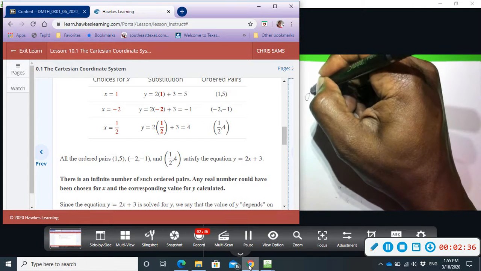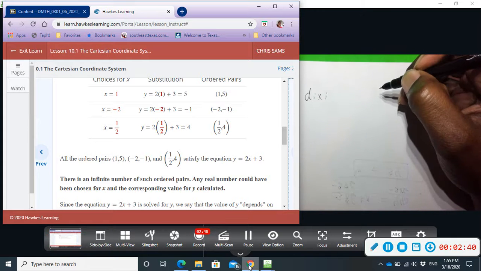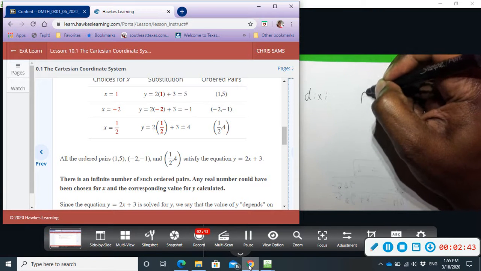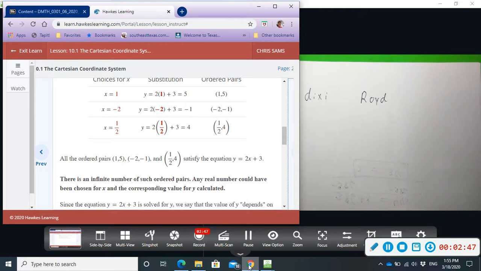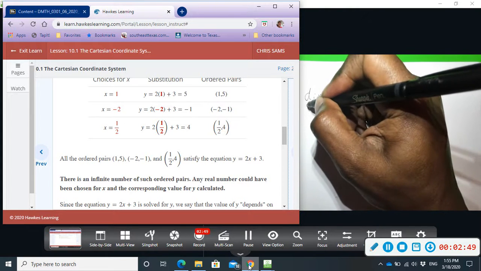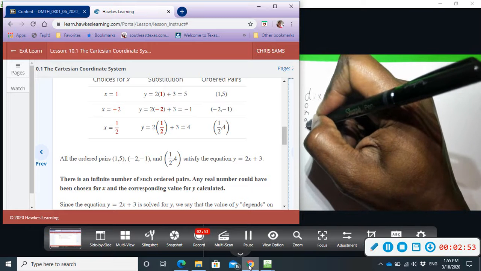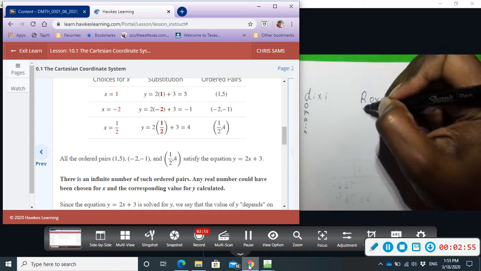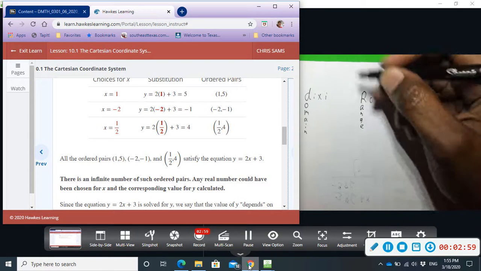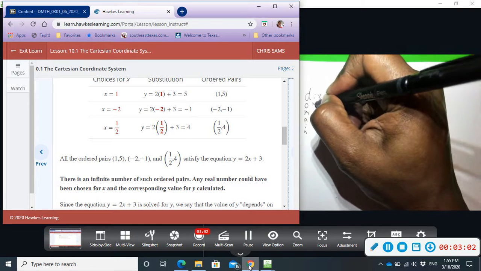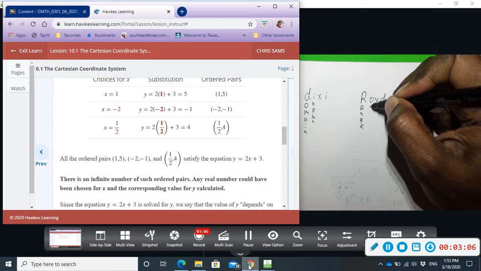The acronym DIXI, D-I-X-I, for the x variable, and then ROYD, R-O-Y-D. D stands for domain. R stands for range. I stands for input. O stands for output.